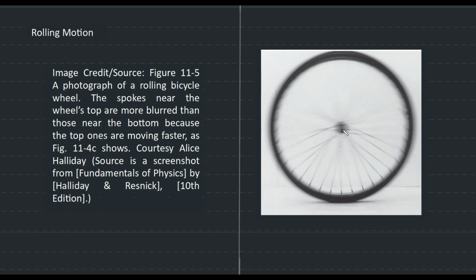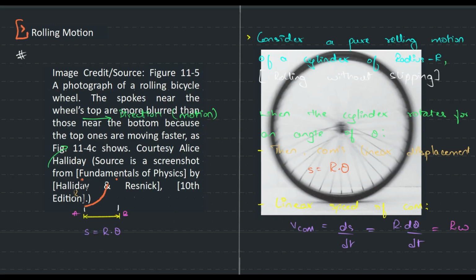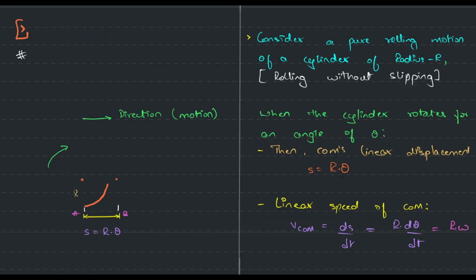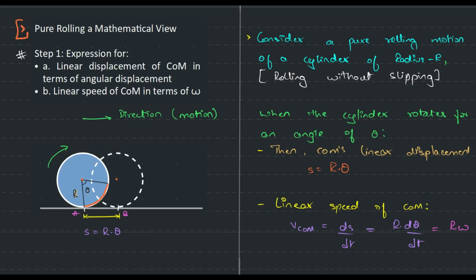At the bottom, between the bottom and the center of mass, somewhere over here, it's half the value. If this is 10 meters per second, this will be 20. This will be 15. This will be 5 and this is 0. Can you see that? And so the blurriness. See, the math is able to explain this. And it was a simple math. And you guys did it. Yes, I helped around, but at the end of it, if you understood it, it's because you have understood it. Nothing else.